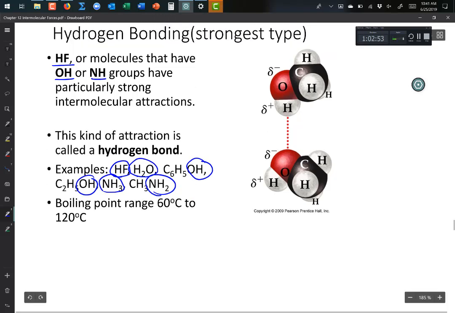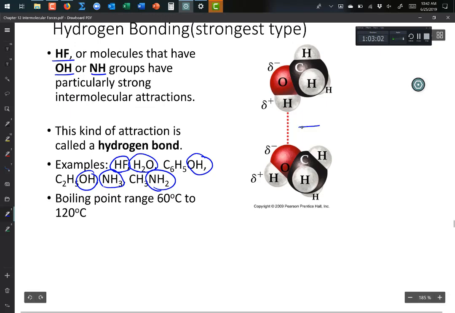High boiling points, like water's boiling point is 100 degrees Celsius. That's relatively high for such a small molecule. The hydrogen bonding interaction is usually drawn as a dashed line between the hydrogen on the oxygen, this guy, and the lone pair on the other oxygen.